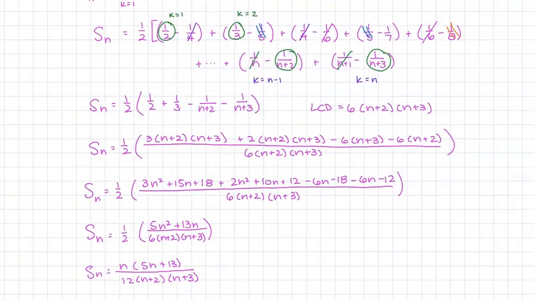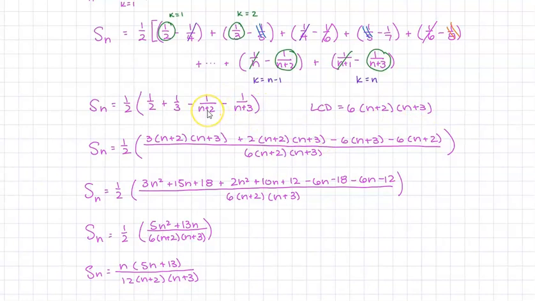Okay, so it gets a little long at first, but it collapses pretty nicely. You should have found your LCD to be this. Oops. Oh no, I thought I forgot a parenthesis. So you have that. And then I went ahead and put it all under one fraction already. The first fraction had a 2, but you still needed a 3 times n plus 2, n plus 3. So that went in the top. The second fraction already had a 3, but you needed a 2 times n plus 2, n plus 3.